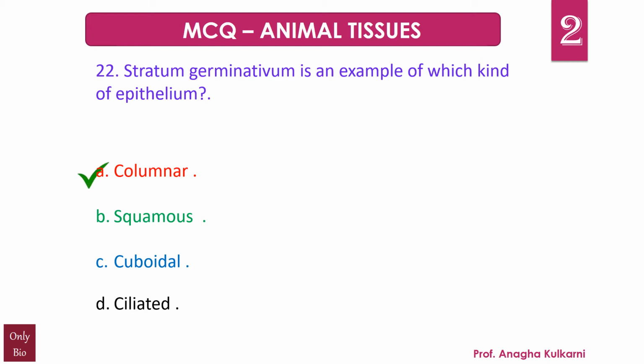Columnar. Friends, stratum germinativum, also at times called stratum basale or basal cell layer, is a layer of keratinocytes that lies at the base of the epidermis immediately above the dermis. It consists of a single layer of tall, simple columnar epithelial cells which lie on a basement membrane.